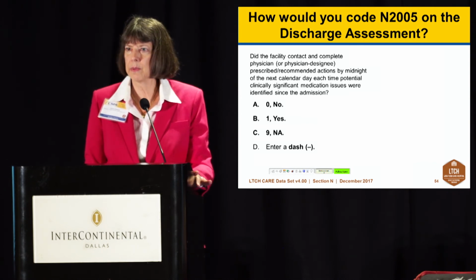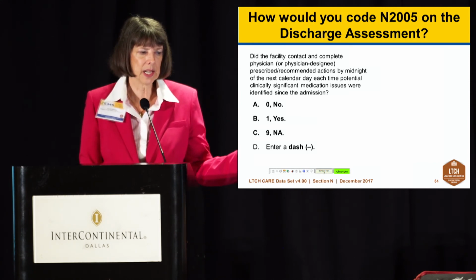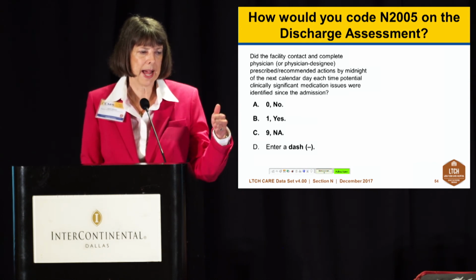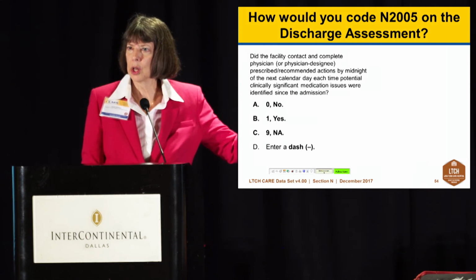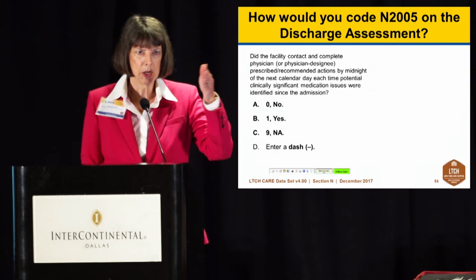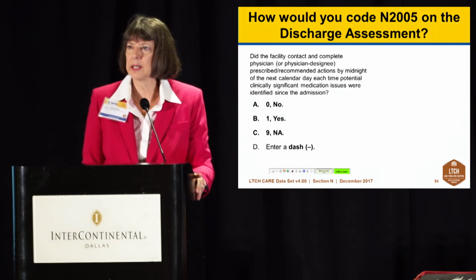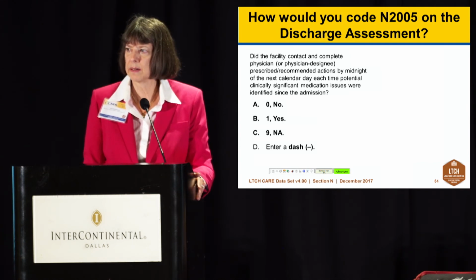In retrospect, you're looking at the entire stay: did the facility contact a physician or designee and complete the prescribed recommended actions by midnight of the next calendar day each time, remember, we're including admission, so each time from admission throughout the stay, potential clinically significant medication issues were identified? Okay, how would you answer that?